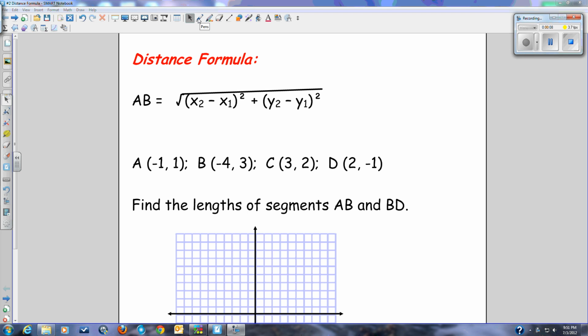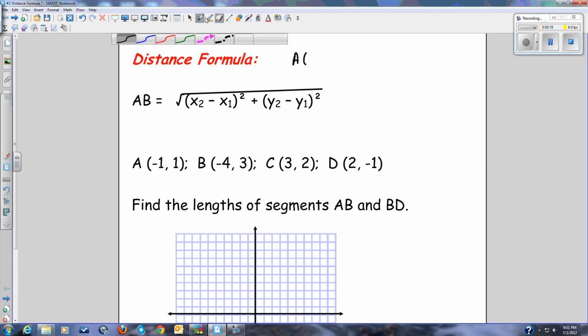If we want to find the distance between 2 points, and let's say that point A is the point x1, y1, and point B is the point x2, y2, here is the formula that we're going to use to find the distance between A and B. The square root of, in parentheses, x2 minus x1 squared plus, in parentheses, y2 minus y1 squared.